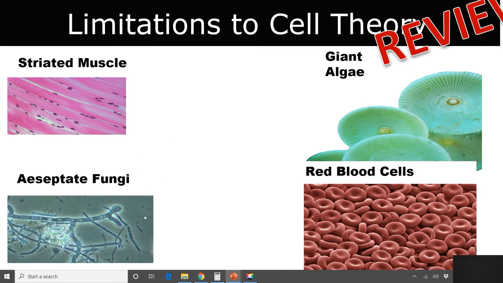So both of these break the rule that all cells have one nucleus each, and they are larger than normal cells. The giant algae break the rule in that they are also extremely large cells, and red blood cells break the rule in that they do not contain any genetic material. Okay.